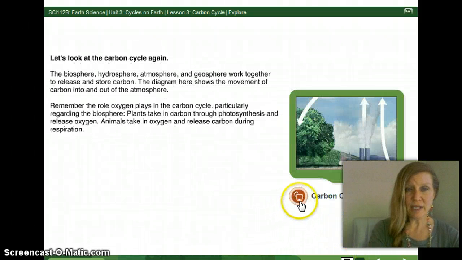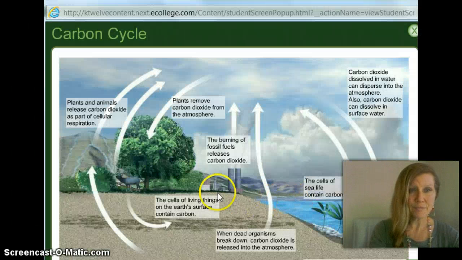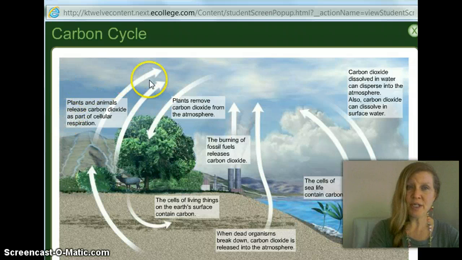Let's review the carbon cycle one more time. Plants and animals release carbon dioxide as cellular respiration. Plants remove carbon dioxide from the atmosphere, and other plant-like organisms such as algae do as well. Burning of fossil fuels releases carbon dioxide. All the cells of living things on the Earth's surface contain carbon, and when dead organisms break down through the process of microbial action, carbon dioxide is released back into the atmosphere.